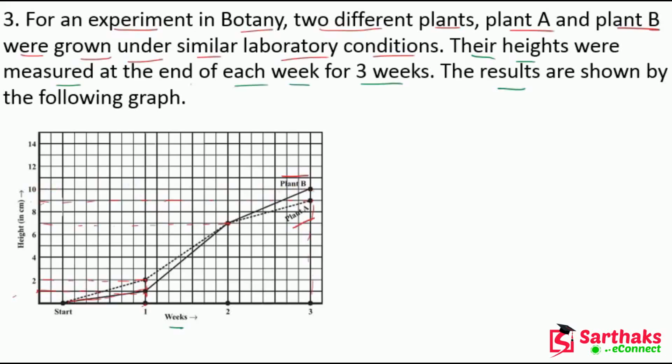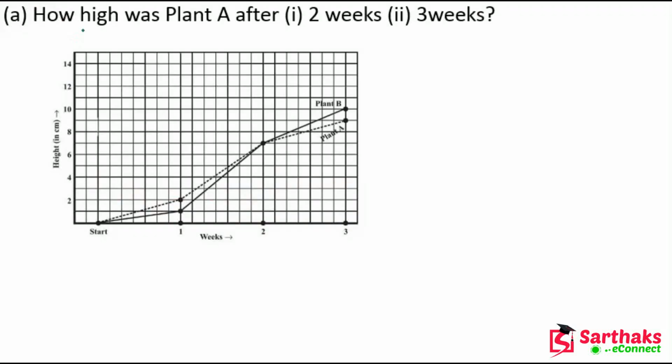Now here we have some problems. How high was plant A after 2 weeks and after 3 weeks? So after 2 weeks plant A is 7 centimeter, and after the third week plant A is 9 centimeter.